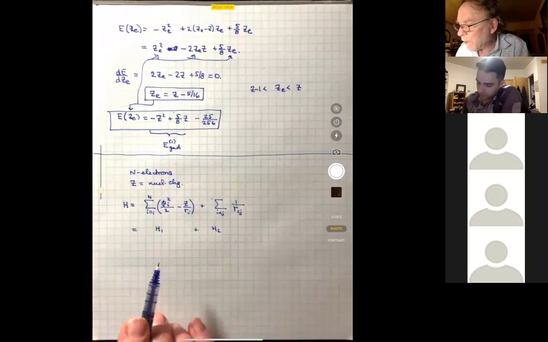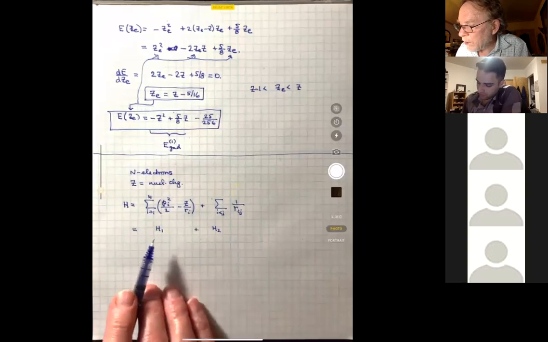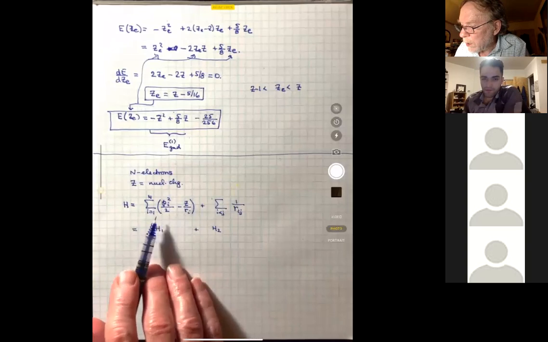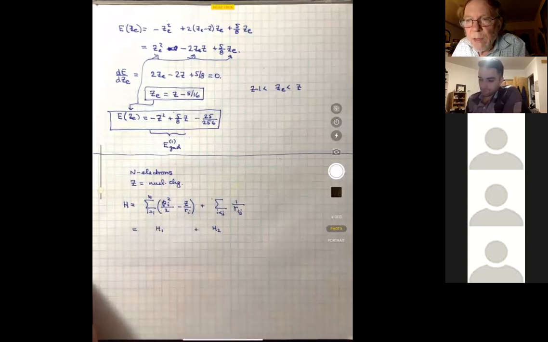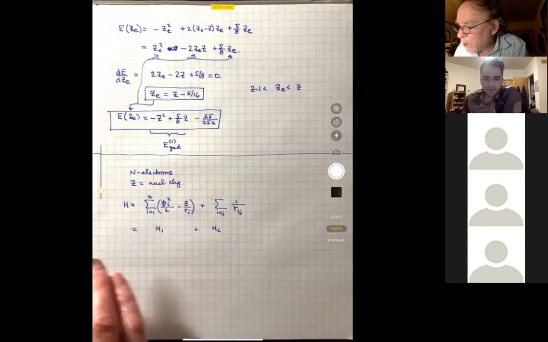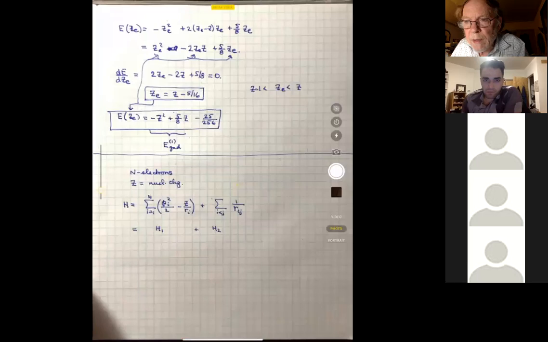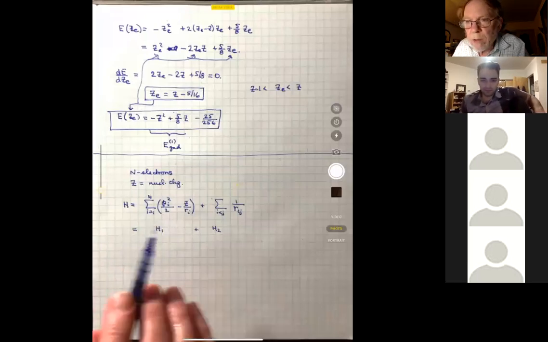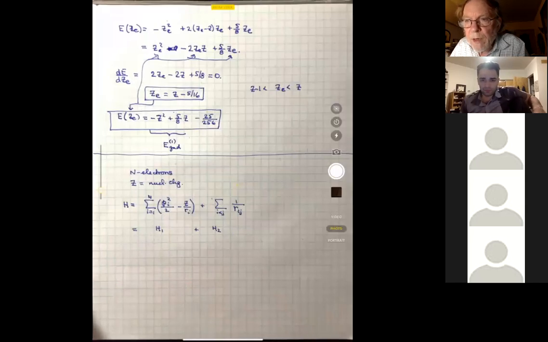The 1 and 2 subscripts here have the following significance: H1 is a sum of operators where each operator refers to the position and momentum of just one electron at a time. In other words, a sum of one-electron operators. Whereas H2 is a sum of two-electron operators. Each term depends on the coordinates of only two electrons at a time.